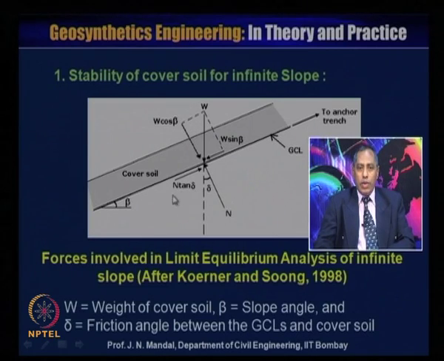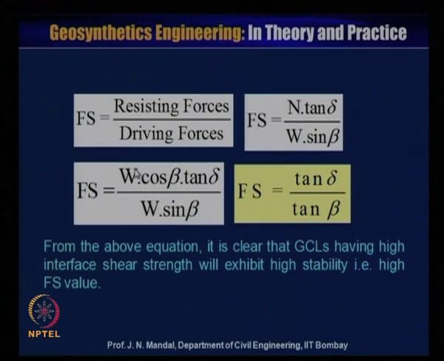The resisting force will be N tan delta, where delta is the friction angle between the geosynthetic clay liner and the cover soil. So we can calculate the factor of safety. Factor of safety is the resisting forces divided by the driving forces.